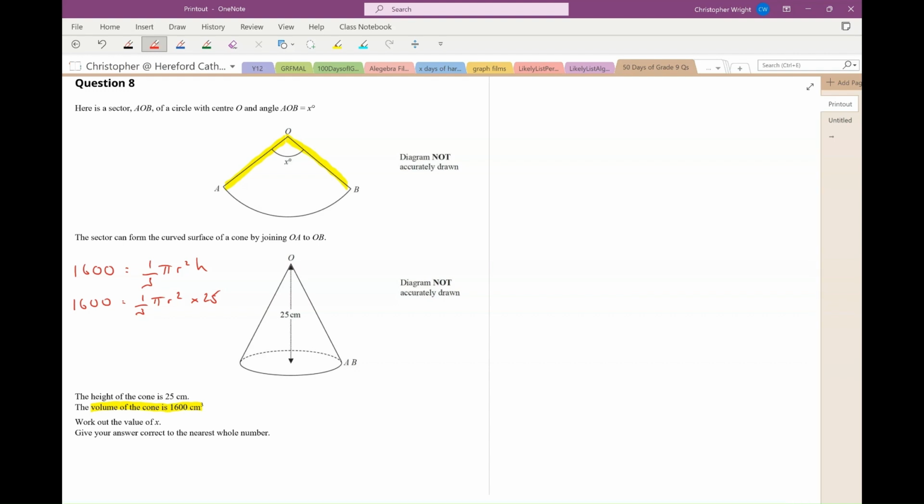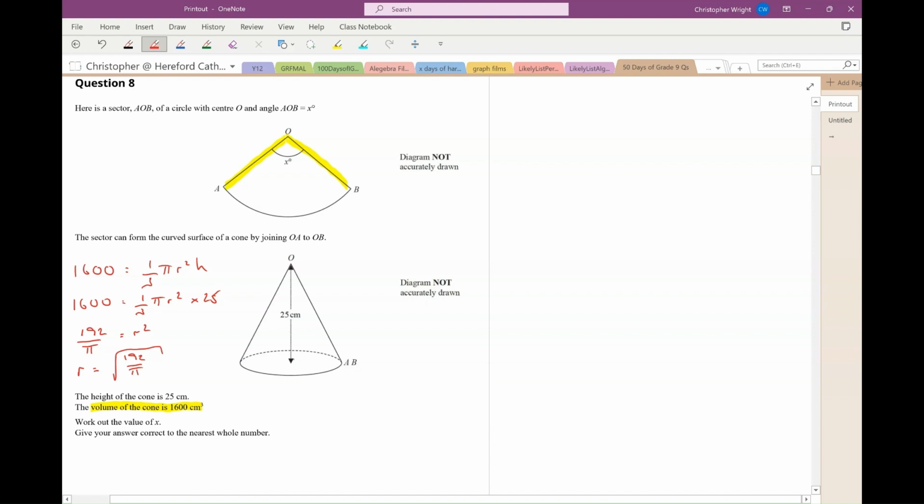I'm going to do 1600 times 3, divide by 25, and I get 192, and I'll divide by pi, and that is r squared. So r is the square root of 192 over pi.